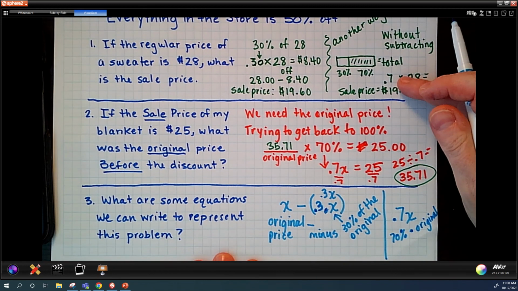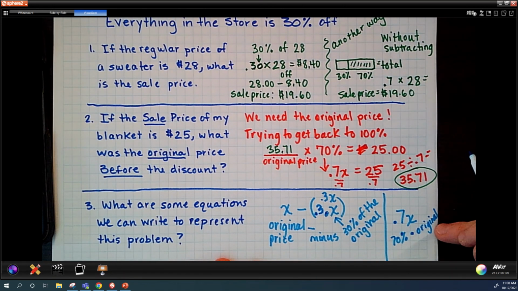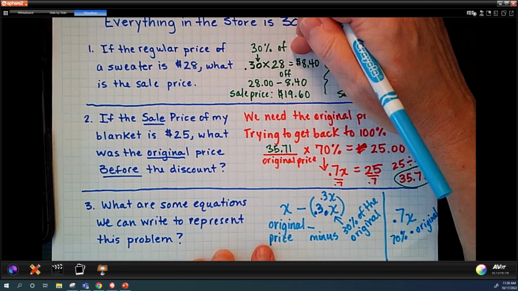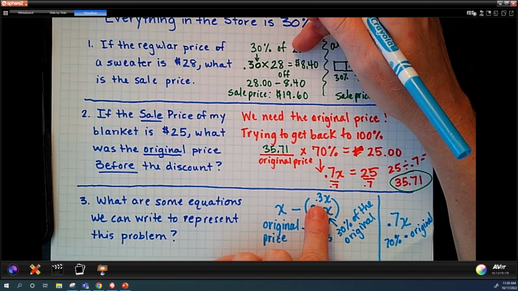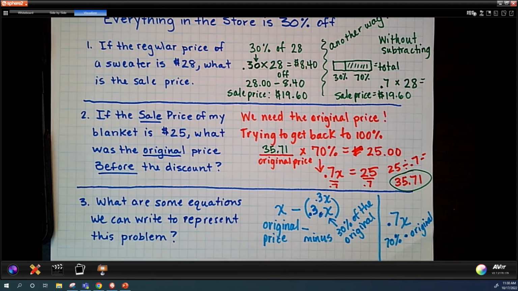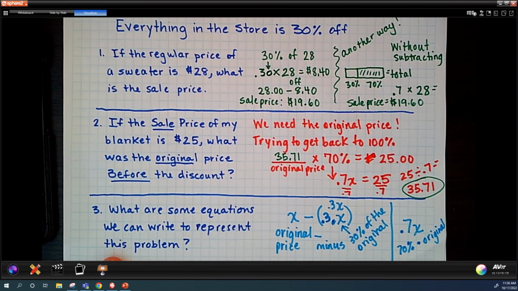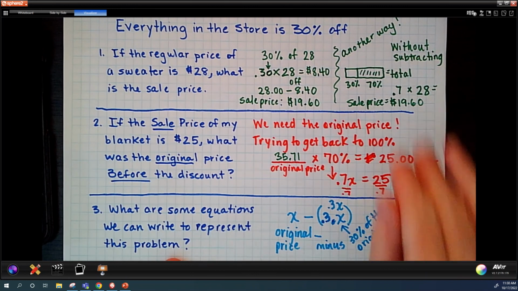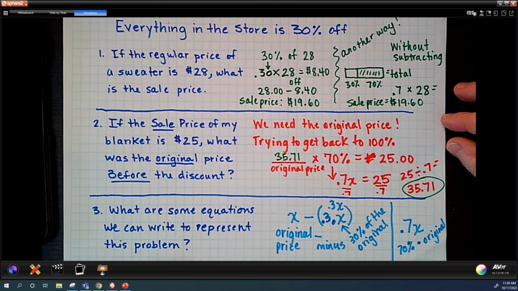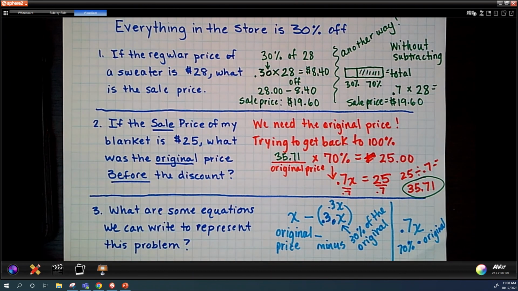We can use the 0.7 and multiply it by the original, or we can do the two-step equation where we find 30%, or 0.3, of the original price, and then subtract. You have to be able to do these types of problems on the test. It's going to go forwards, it's going to go backwards, and writing an equation is the best way to help yourself solve these problems. Refer back to our notes and the Desmos if you're having some trouble.